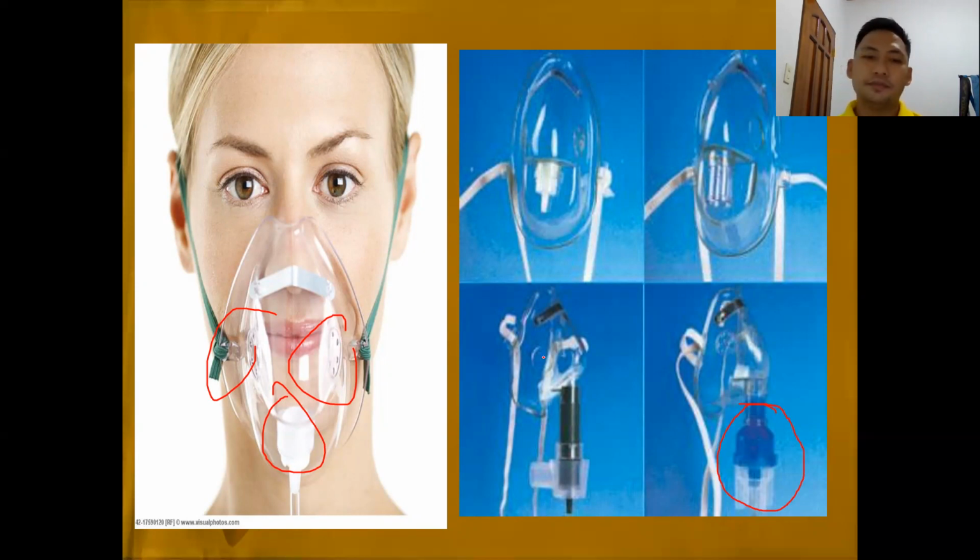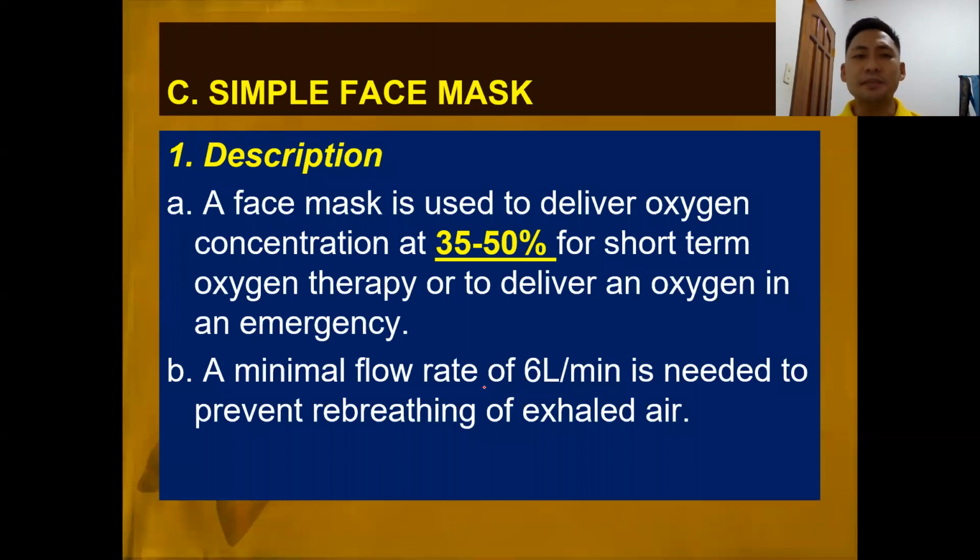So a simple face mask can deliver an oxygen concentration of 35 to 50%. Actually, there are variations in terms of FiO2 concentrations because some reviewers could deliver this particular rate, and this is according to Potter and Perry, Fundamentals of Nursing.